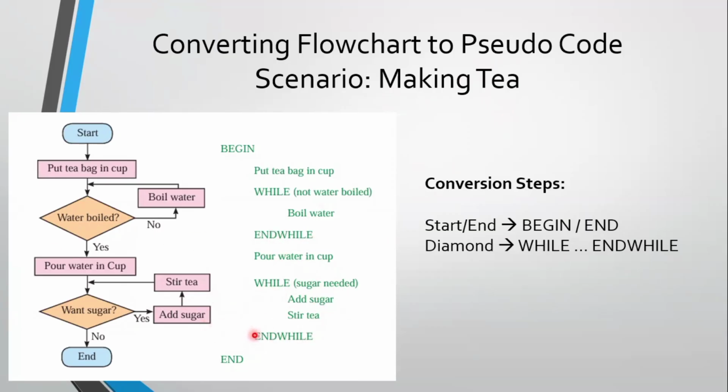In pseudocode, we use a while loop: add sugar, stir tea, and end the while loop by using the end while keyword. This shows how everyday actions follow algorithm logic.